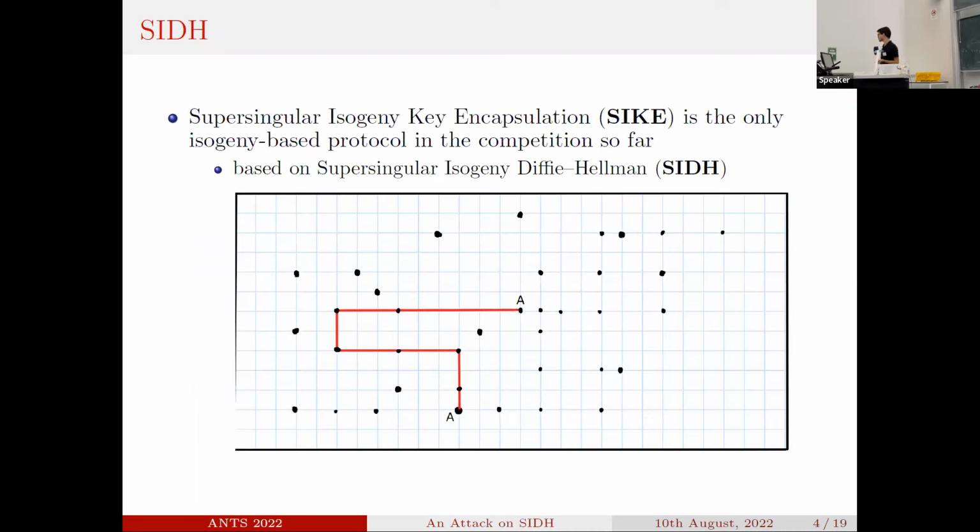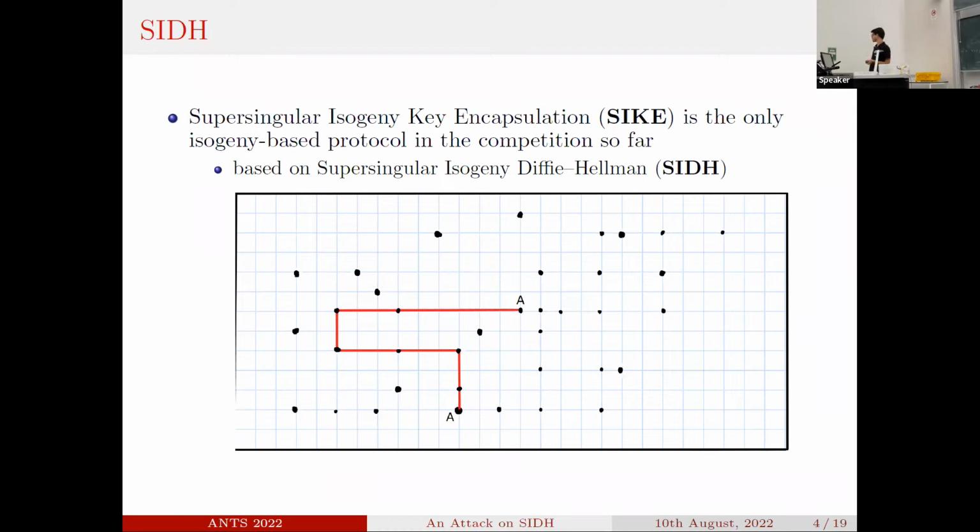Now I will give my low-budget description of SIDH. The only isogeny-based protocol in the competition so far is SIKE, which stands for Supersingular Isogeny Key Encapsulation.